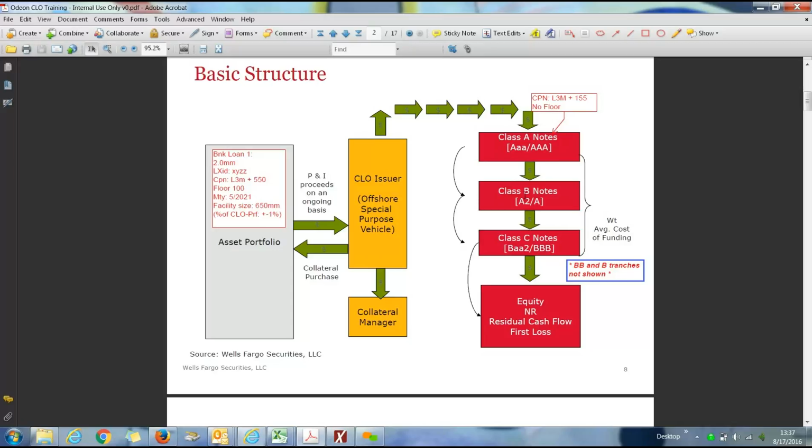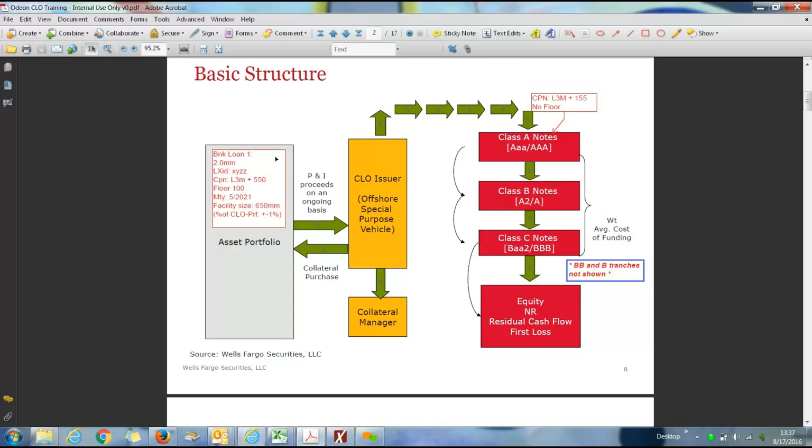You can imagine each one of these probably goes up 20, 30 bips per class until you get below investment grade, and then you get to like 450 and 700 for double Bs and single Bs. And then there's no rating and there's no coupon on the equity because it's equity, right?